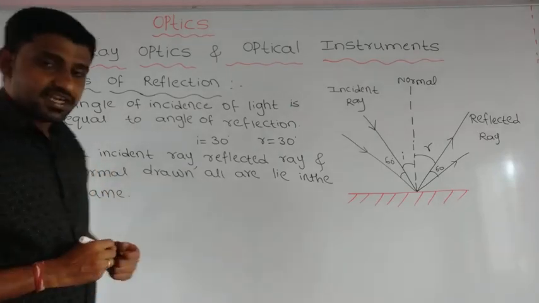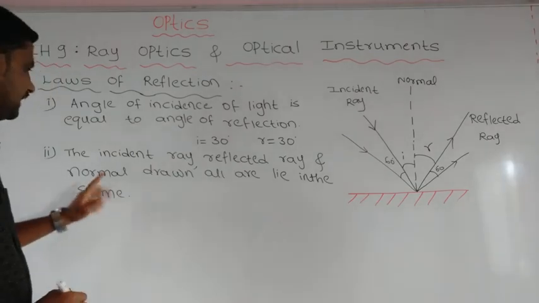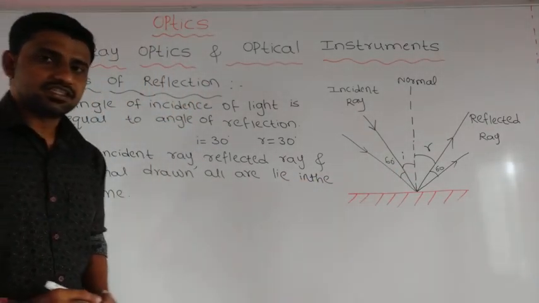That is the second law of reflection. The incident ray, reflected ray and normal drawn to the surface all are lying in the same plane.